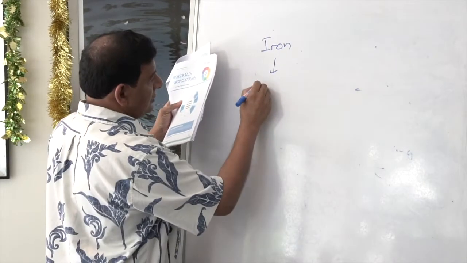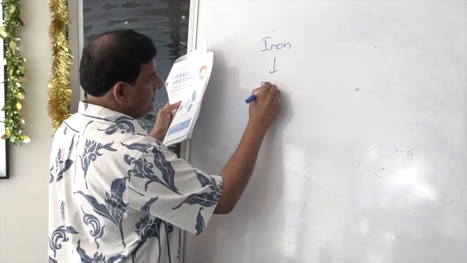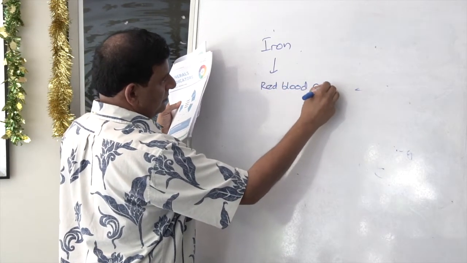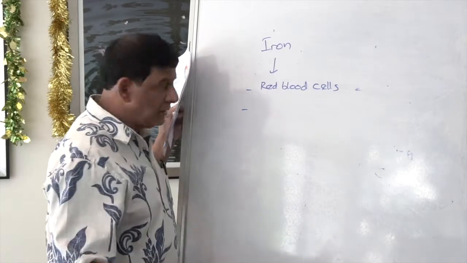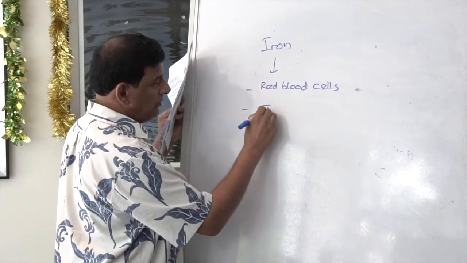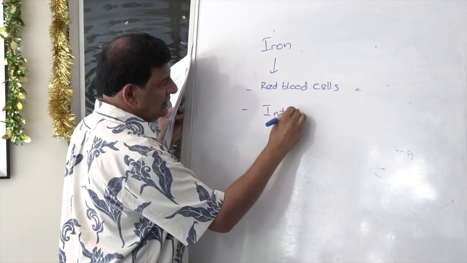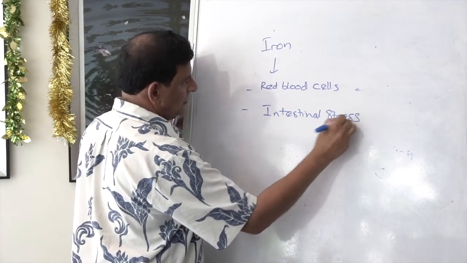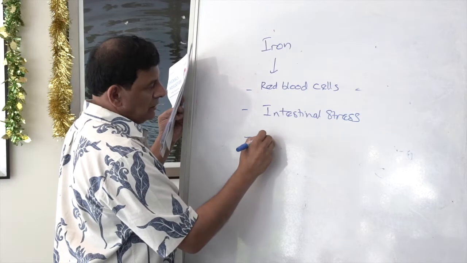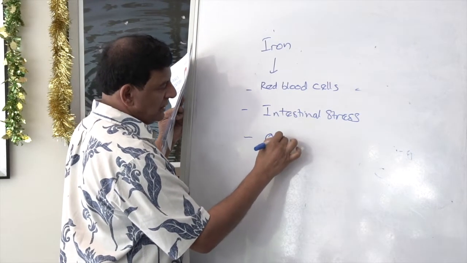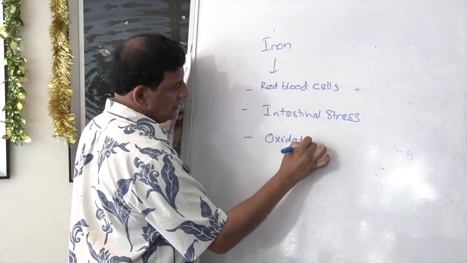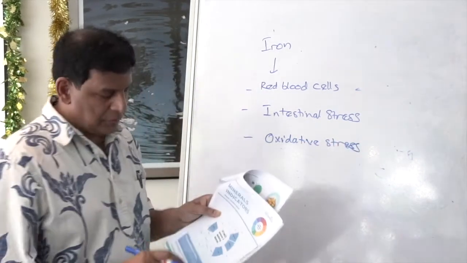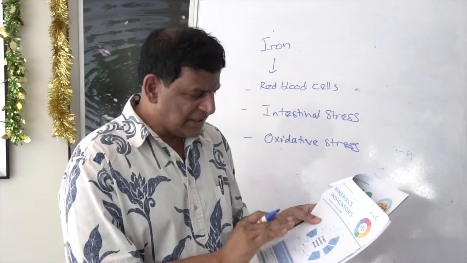It can mean you have a red blood cells requirement. It can mean that you're having some form of intestinal stress. It can be oxidative stress. So this is the other common one.